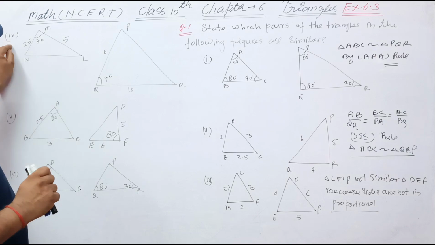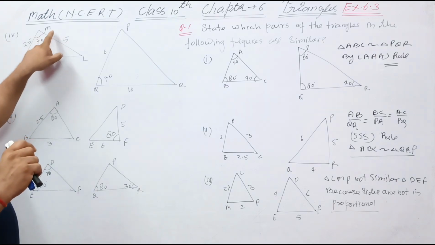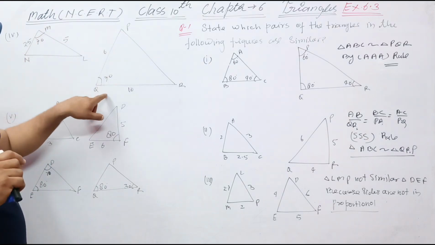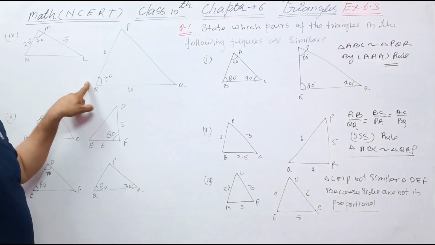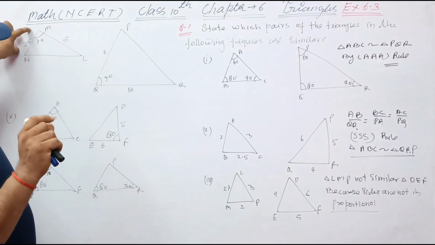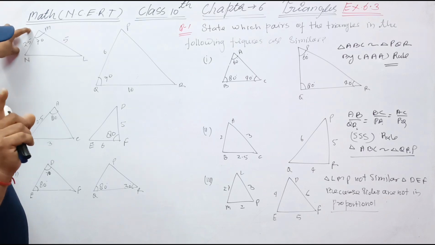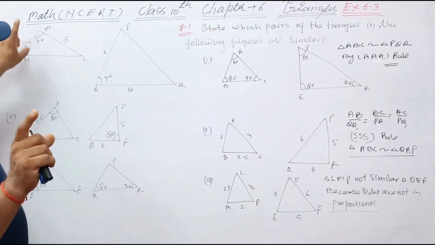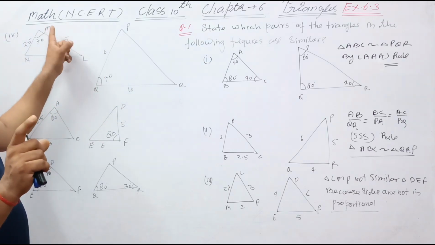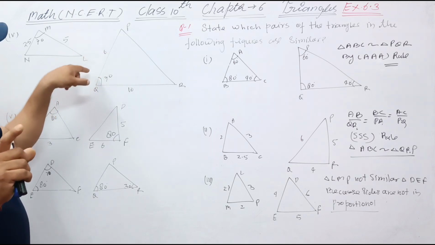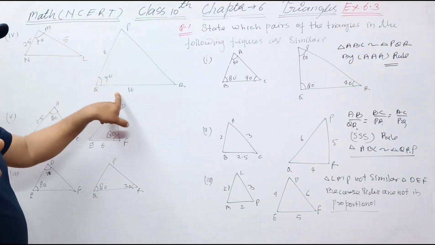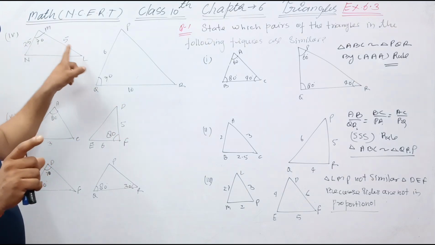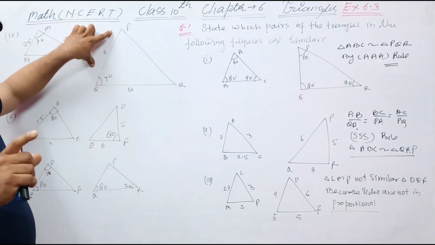Next, question 4. We are given triangle MNL and triangle PQR, in which angle M is equal to angle Q, 70 degrees, side MN is equal to 2.5, side QR is 10, and ML is equal to 5. 5 is proportional to QR, but 2.5 is not proportional to the corresponding side PQ.